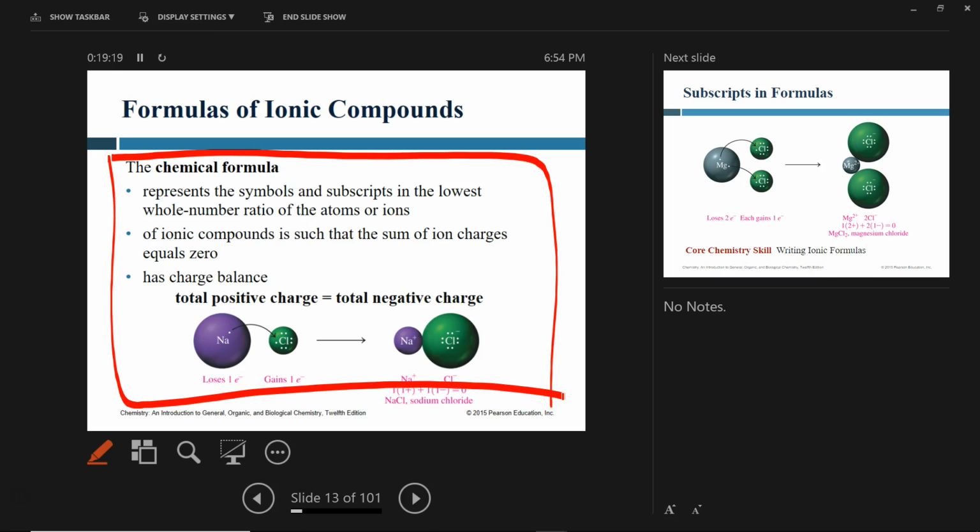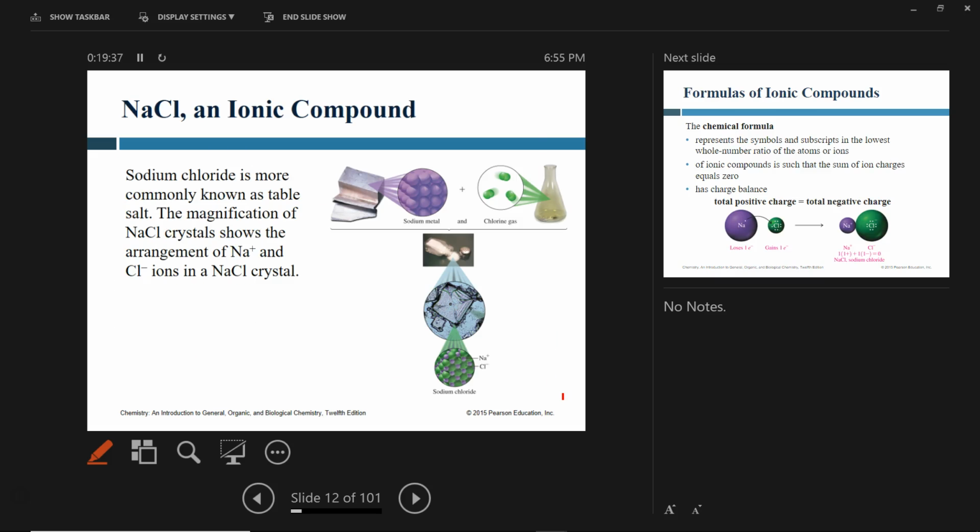So it's going to be rubidium 3 nitrogen, Rb3N. Does that make sense? So you can use your periodic table. Is that clear? That's a lot?